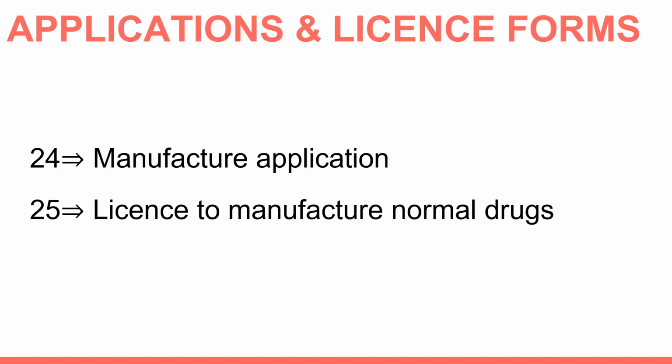For example, form number 24 is the application form to manufacture drugs, while form number 25 is the license for manufacture of drugs. 24 and 25: 24 is application and 25 is license.